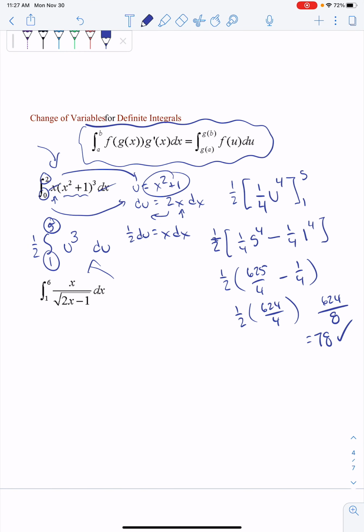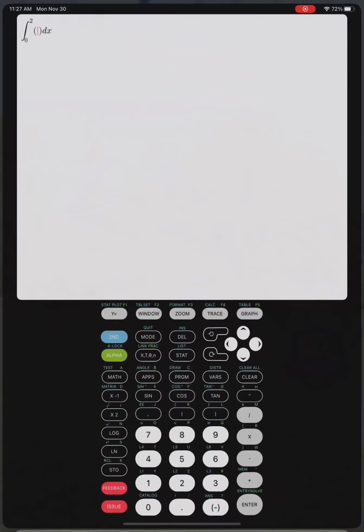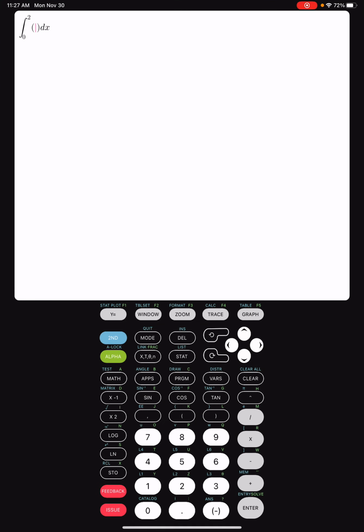I'm going to go all the way back to the original function and plug that one in. So 0 to 2 of x, and then we've got x squared plus 1, all cubed, dx. So I hit enter, and I get 78.00000001, which gives us our 78. There's just some weird rounding going on there.